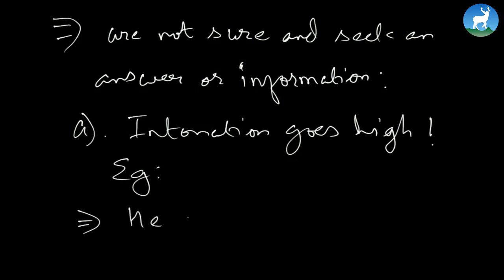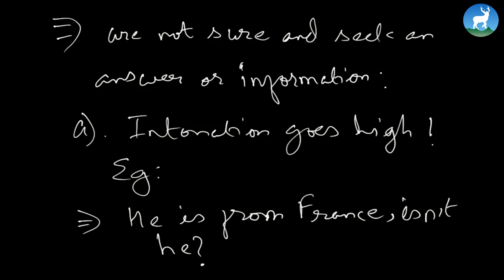So you might want to ask, he is from France, isn't he? So see, the entire intonation here is focused on isn't he. The moment you are high, it gives a message that you just don't know or have no idea what the answer is. You seek an answer. The moment you are low in the question tag, in fact, that shows that you know the answer, but still you want the person to confirm it to you or to confess to you the true answer. So this is how the intonation also plays a role in question tag.